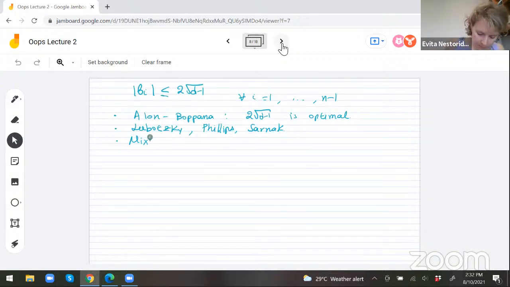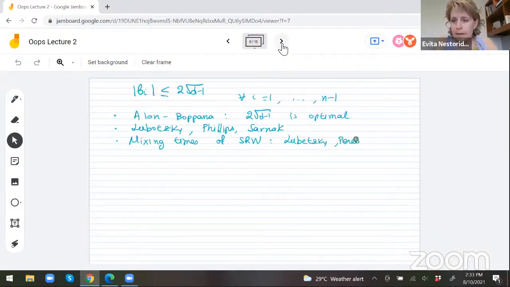And in terms of simple random walk, which is the usual walk that we consider, this has been thoroughly studied by Lubetzky and Peres. Soon I will give you the exact things that they found. And they used a different version of the non-backtracking random walk to prove cutoff, to prove sharp answers.